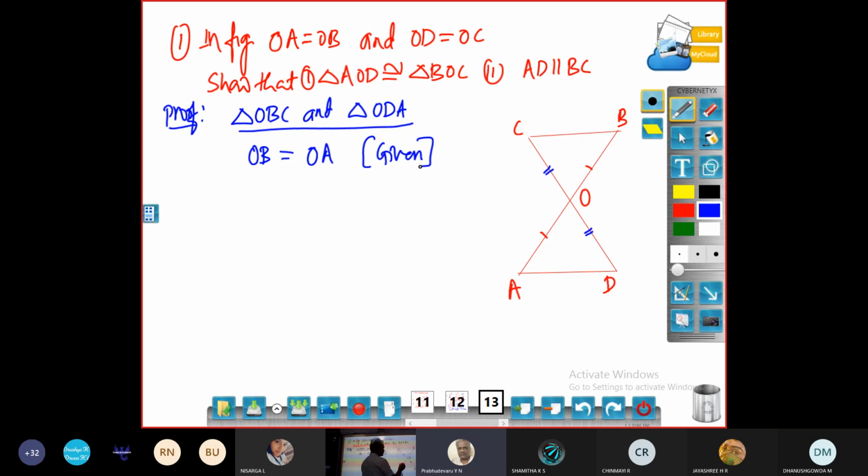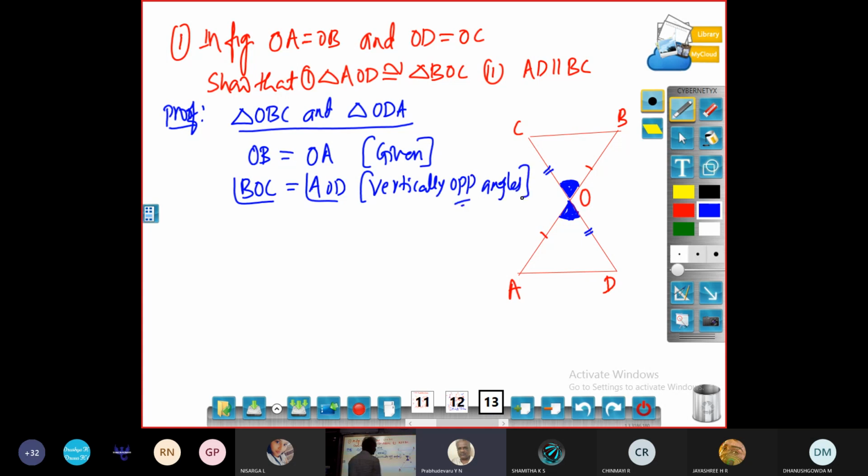And then I can write these two angles are equal. Can you tell me what is the reason? The angle I'm taking here. Vertically opposite. Yes. So I will write angle BOC is equal to angle AOD. So write the reason: vertically opposite angles are always equal. We have proved that one.